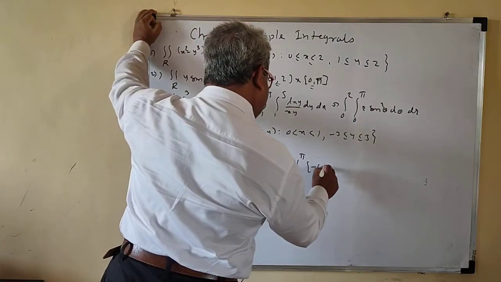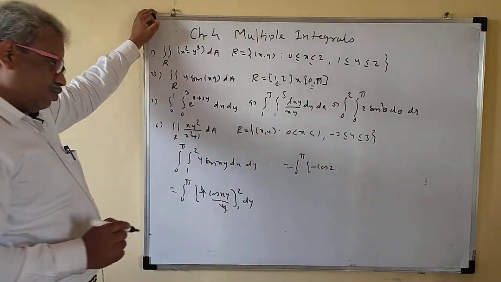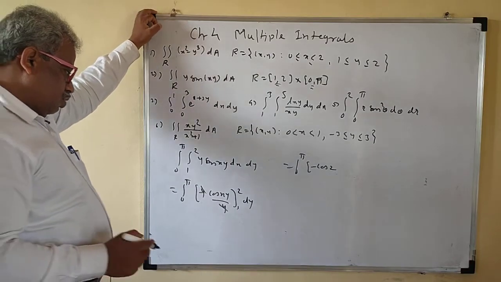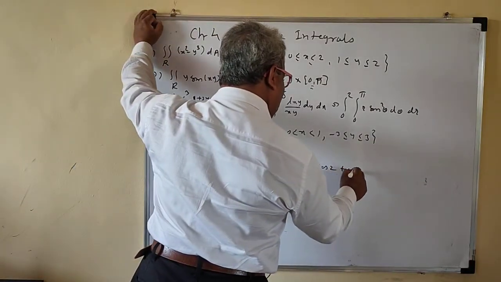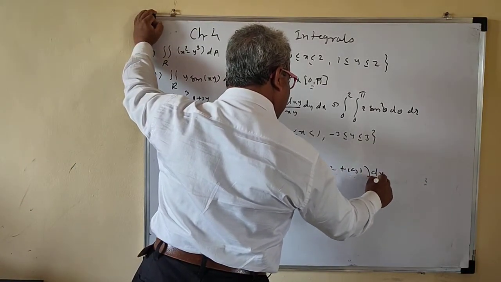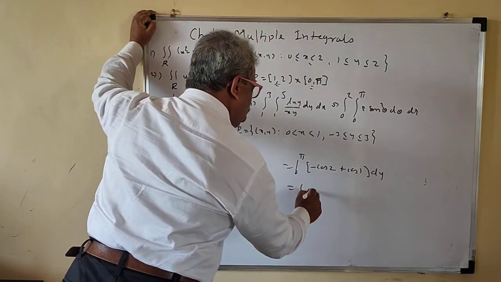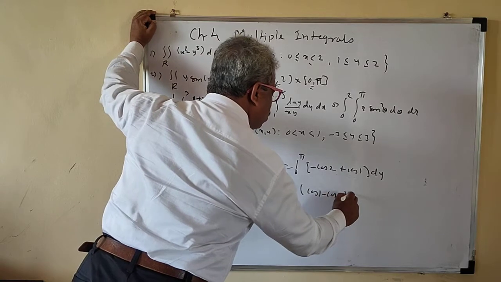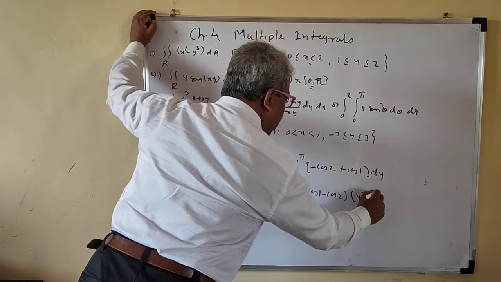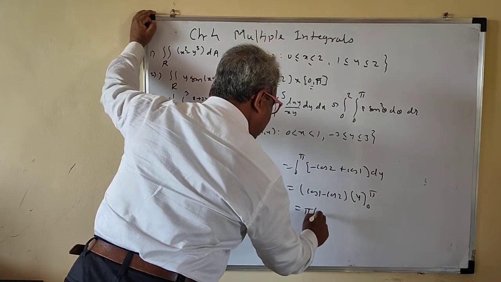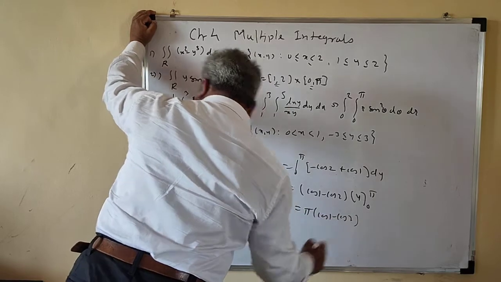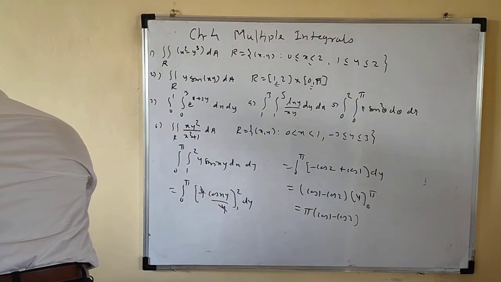So minus cos 2y, then minus of minus 1 becomes plus cos y, dy. So now this is cos y minus cos 2y, with y from 0 to pi.